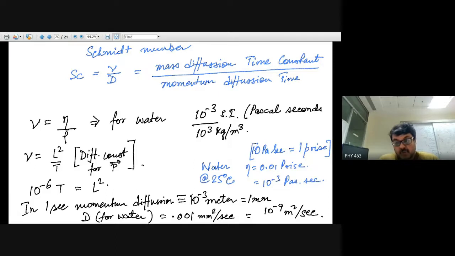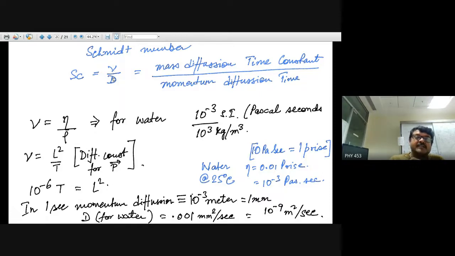And if you have microscopic particles, micron sized particles, then the length scale over which there will be diffusion is actually 1 millisecond. D for water, you can check it up. The diffusion constant for water is 0.001 millimeter square per second.